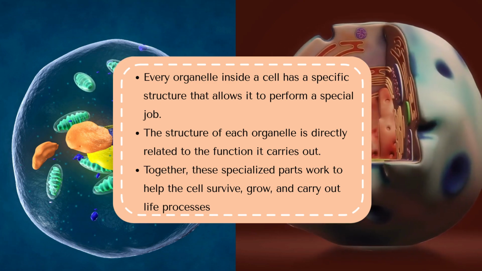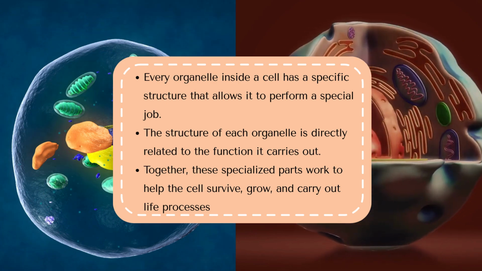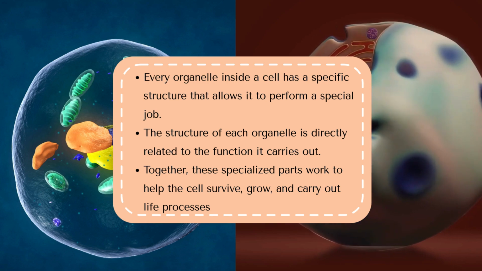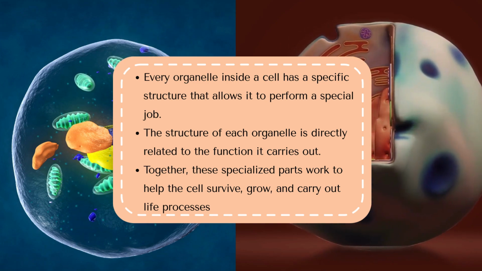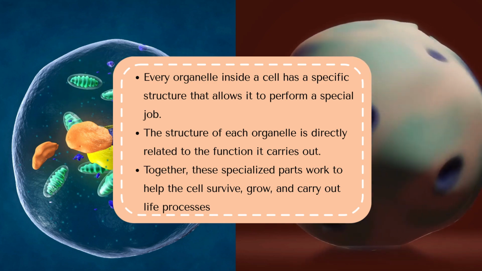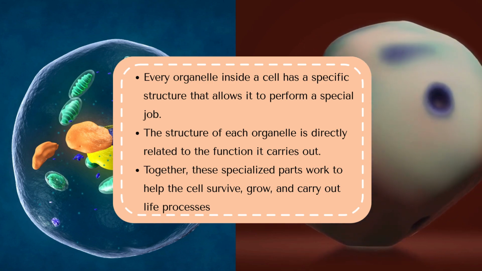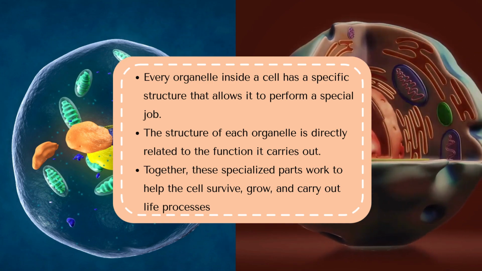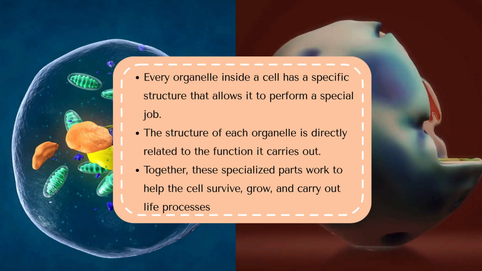But for now, what you need to know is all those different parts work together collectively to perform very specific jobs that benefit the cell overall. And the thing is, each organelle has its own functionality that it carries out. And together, they help that cell survive, grow, and carry out different life processes.